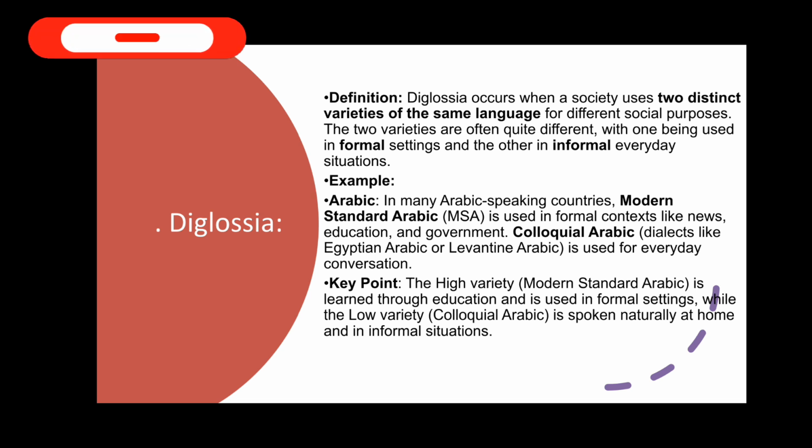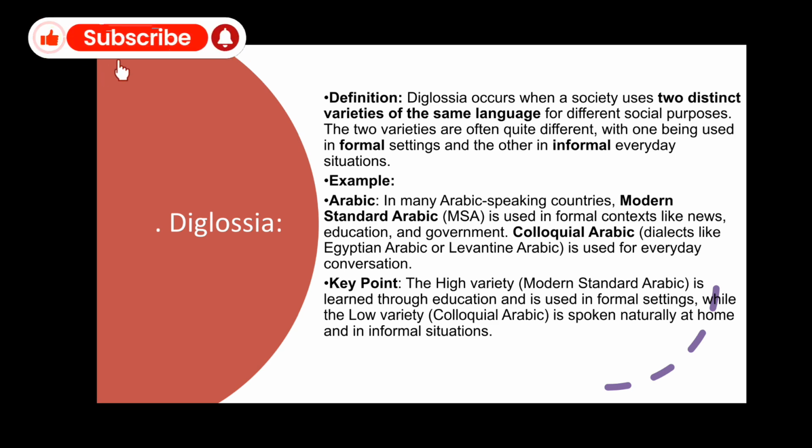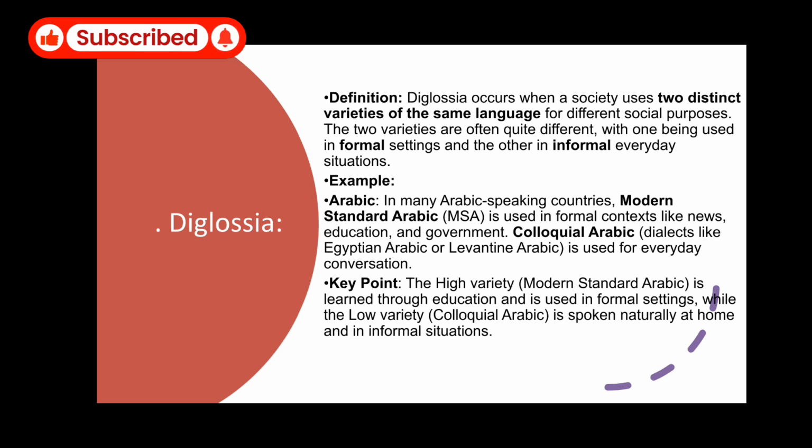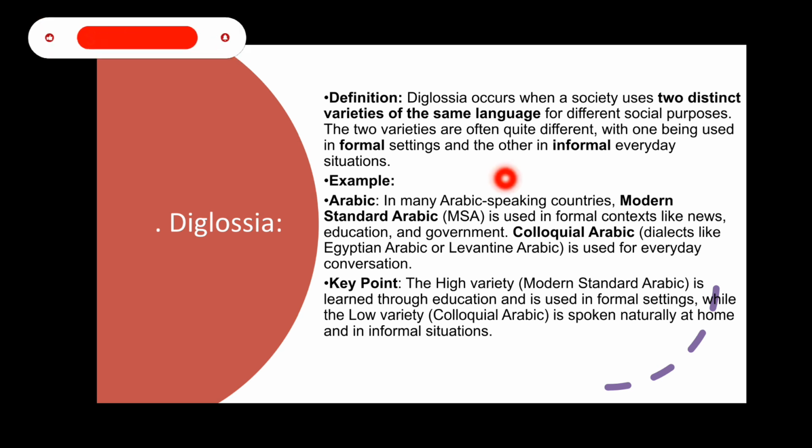Sometimes it seems like they are speaking two different languages. That much variation or that many differences exist there. The two varieties, high variety and low variety, seem like two different languages.